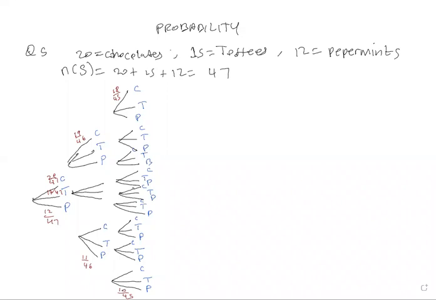Then we fill in elsewhere now. So here at T for the second pick, we have 15 out of 46. Then we'll get 12 out of 46. Okay. Then we come here. We've got 15 out of 45.